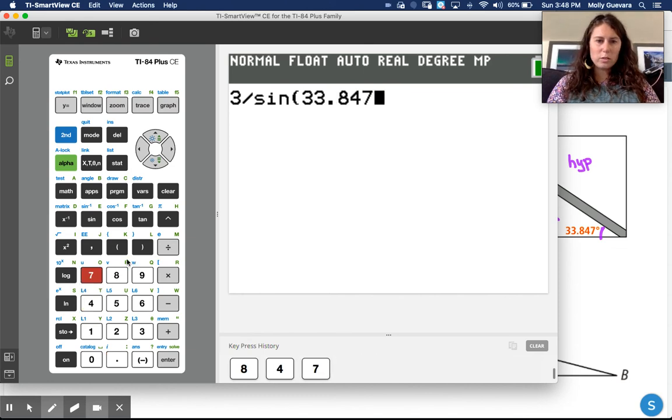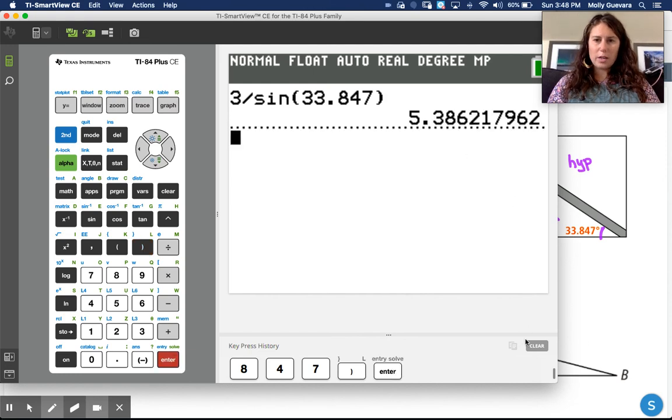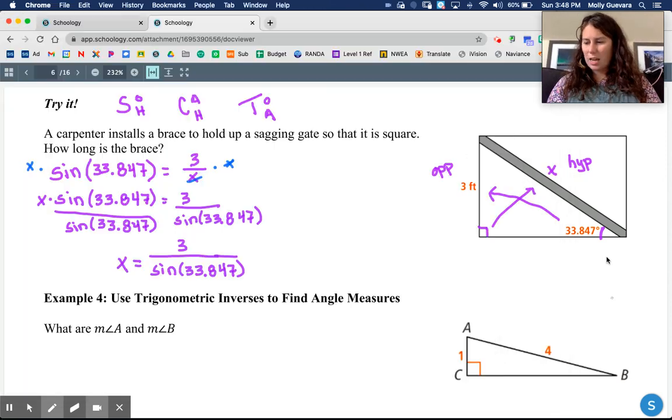The angle is always what goes inside the trig function. I hit enter. There it is, 5.39. So x is about 5.39, and then the unit is feet.